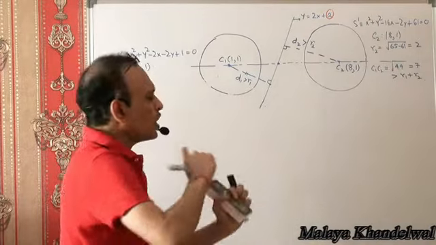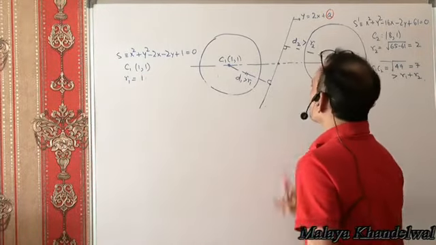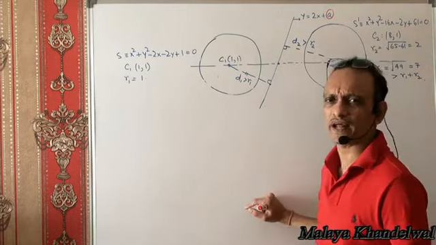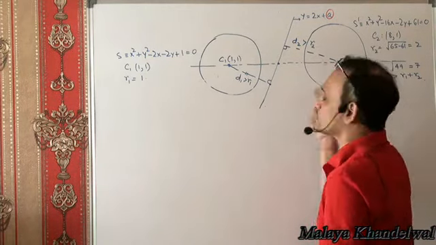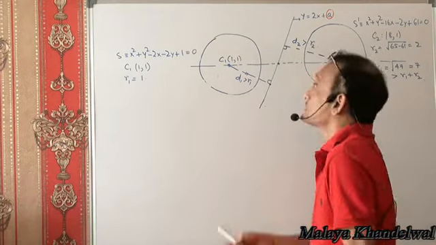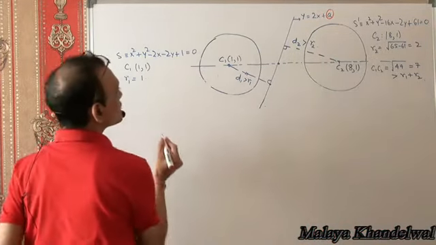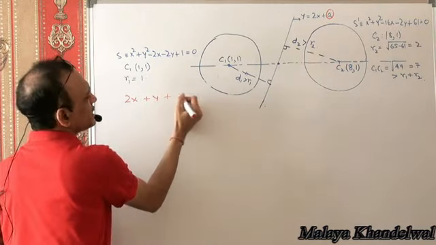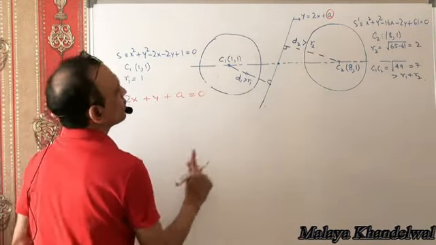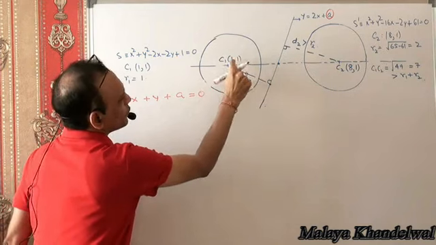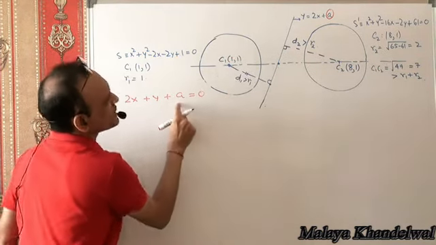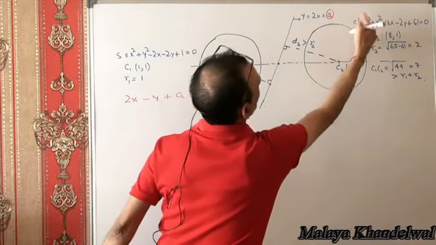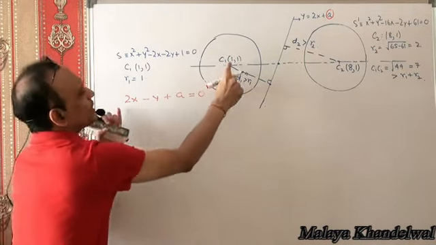So what all conditions would be required? First of all, the centers C1 and C2 must be on opposite sides of the line. That means the coordinates of the centers must produce opposite signs on the line, right? So let me rewrite the line as 2x minus y plus a equal to 0.